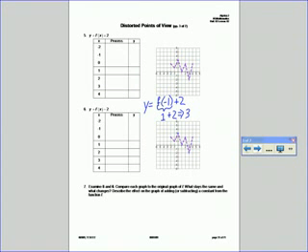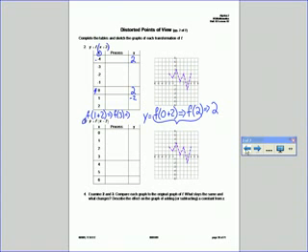What's 1 plus 2? So plug in 3 for y. See how that changes? Instead of the 2 being inside the parentheses, before, for a similar problem when I was doing 1, I got negative 2 because my 2 was inside the parentheses right here. So I didn't get negative 1.